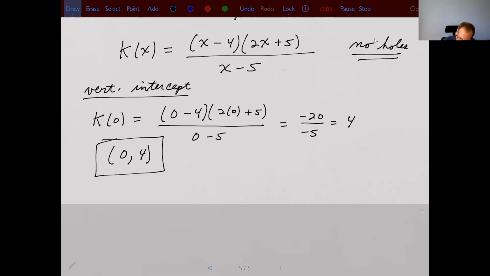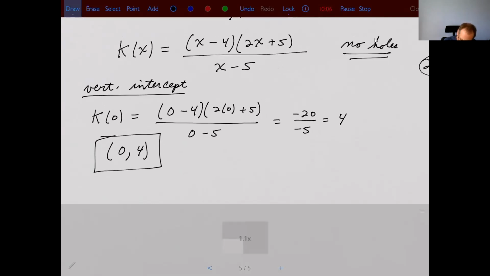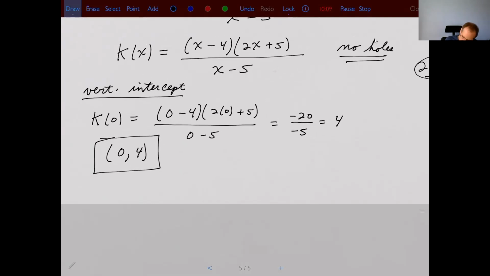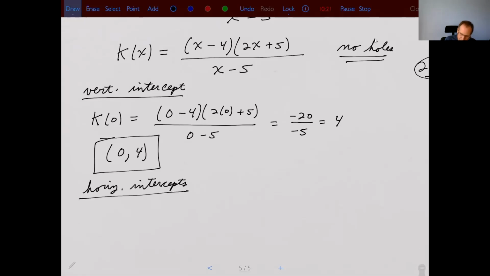Okay, now for the horizontal intercepts. In general, we set the entire function equal to 0, right? We force the output, k, to be 0, and I solve for x. But what I can do first is multiply both sides by x minus 5 just to clear it out.